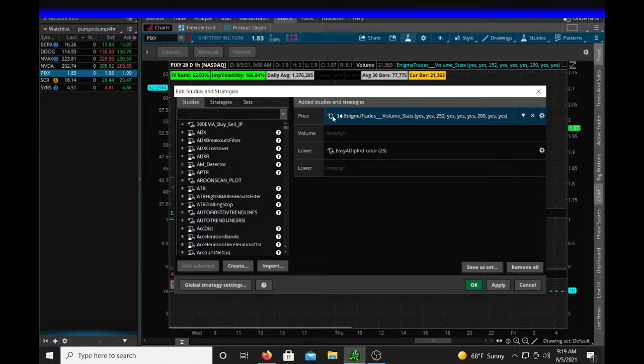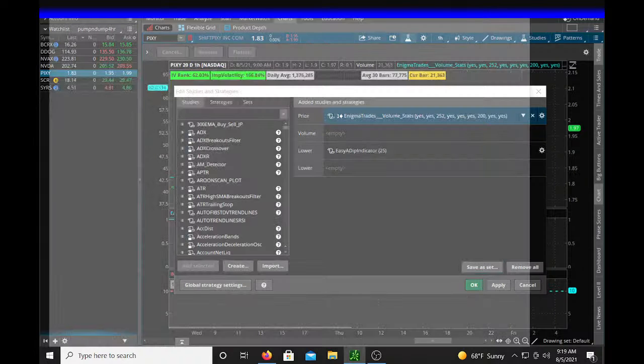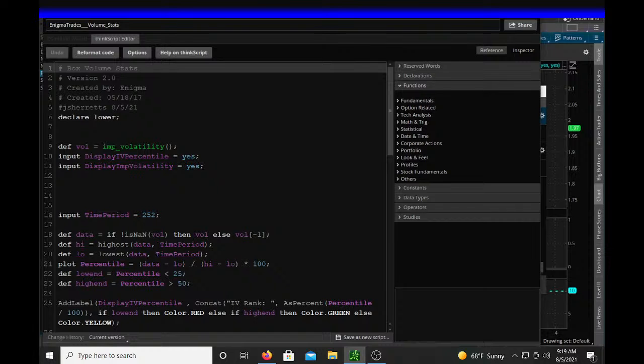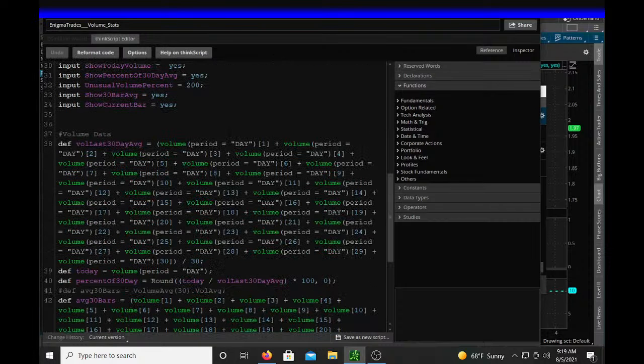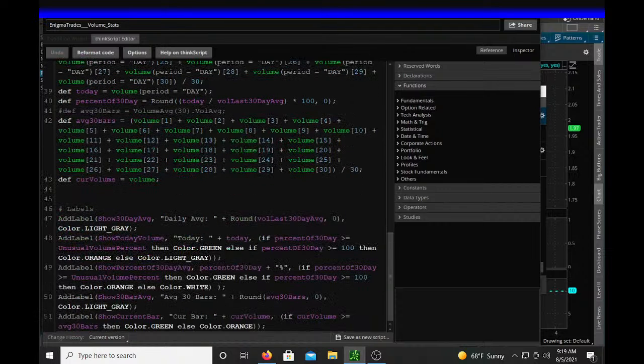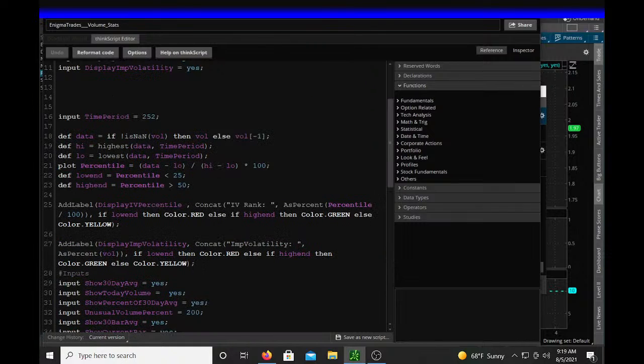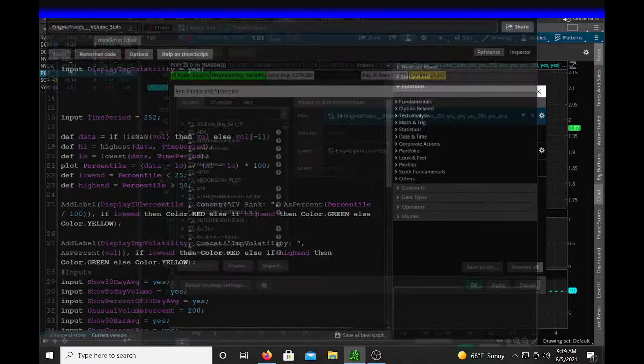So we can go in here and check that out, and you can see what's different. And we decided to add our implied volatility and our IV percentile. And there we go.